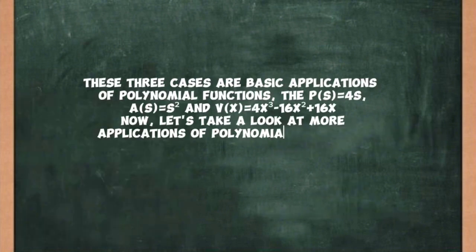So these three cases are basic applications of polynomial functions: P of S equals 4S, A of S equals S squared, and V of x equals 4x cubed minus 16x squared plus 16x. Now let's take a look at more applications of polynomial functions.